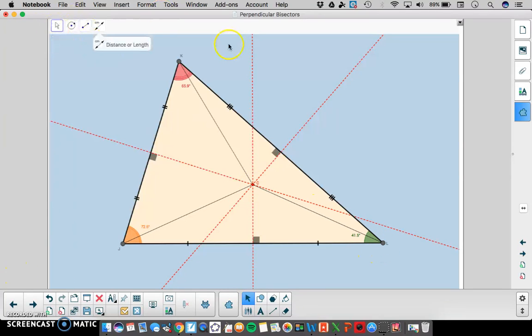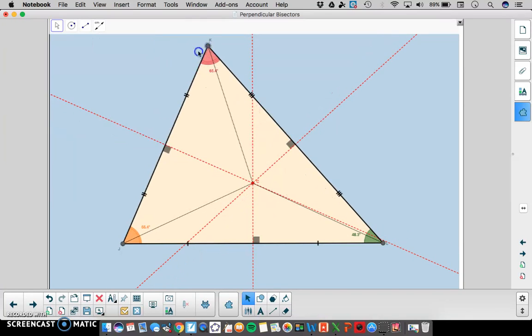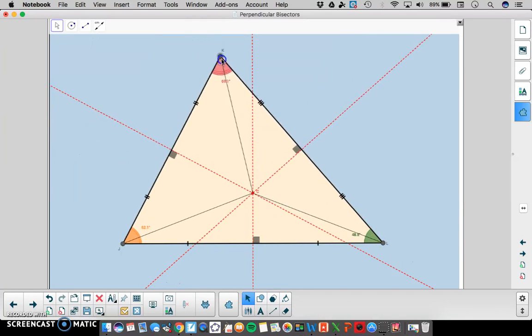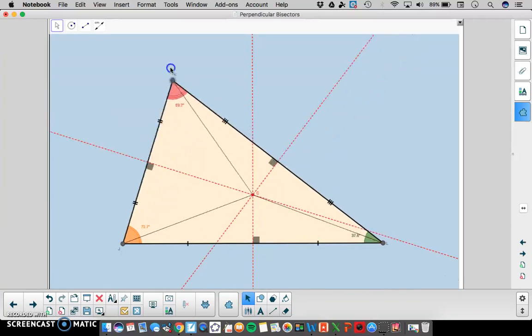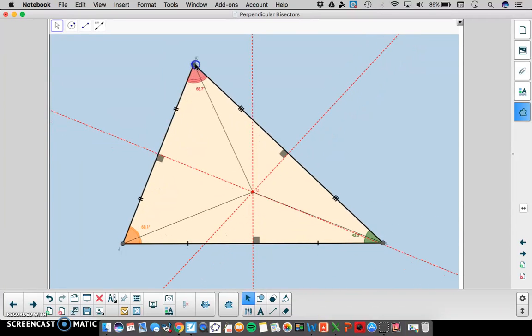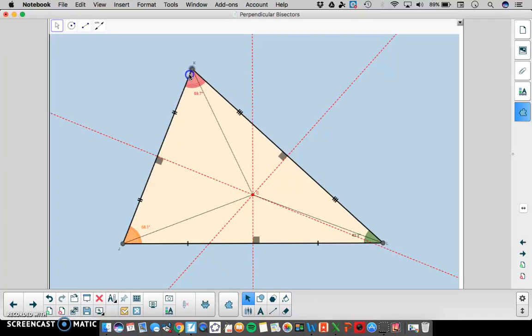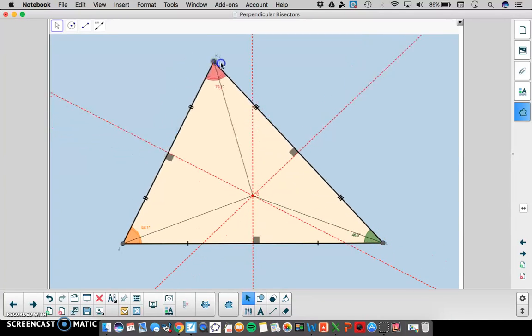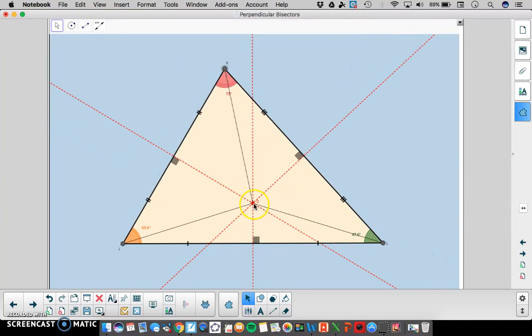And again, no matter where I move those points, I can see those segments to each one of the vertices, and I can see that all of them intersect at the circumcenter. Now I want to measure the lengths of the segments from the circumcenter to each vertex. So I'm going to measure those.